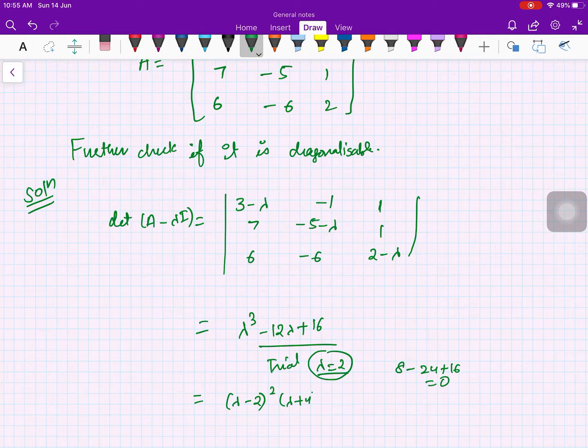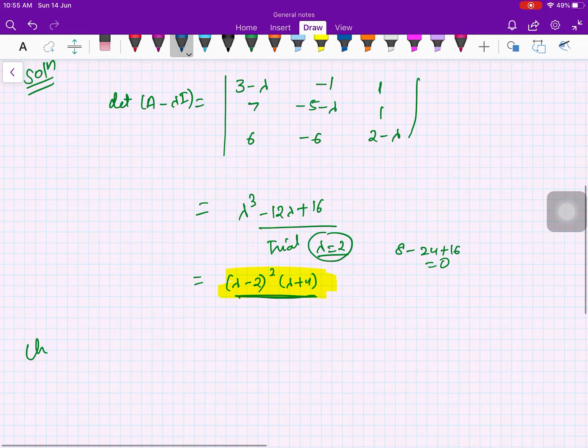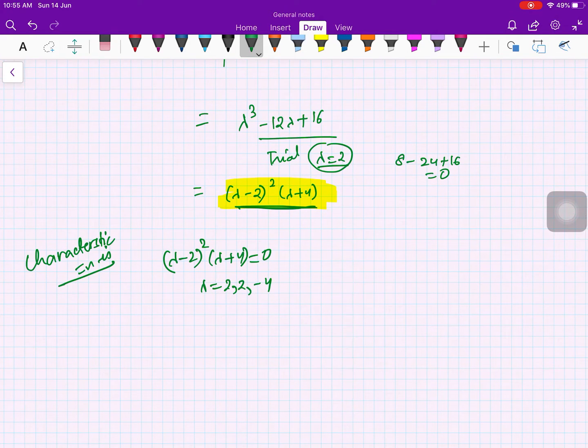If you factorize, you will get lambda minus 2 squared into lambda plus 4. This is your characteristic polynomial. So your characteristic equation is lambda minus 2 squared, lambda plus 4 equal to 0. So lambda is 2, 2, minus 4.